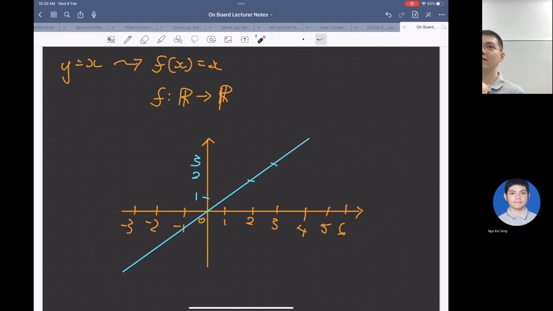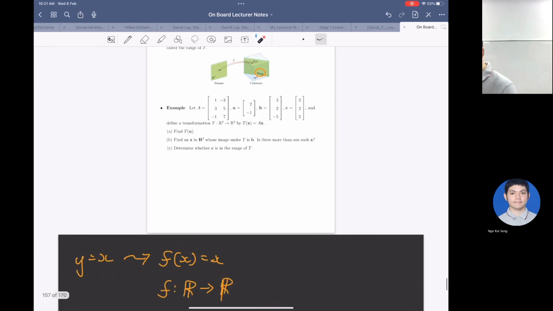Make sense? Can you imagine or not? Any response? Okay, so this is one of the transformations, a simple one.